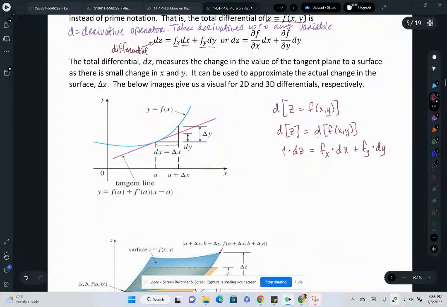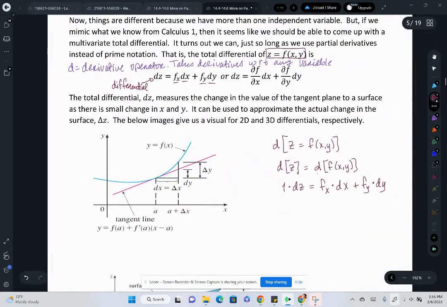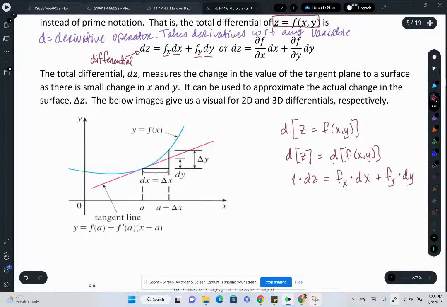Now, visually, what's going on here is we're just measuring change. If we think back to Calculus 1, like in this first picture here, we're examining what happens if I take a step from x equals a to x equals a plus delta x. There's going to be some change in x, right? It's dx or delta x. They mean the same thing.